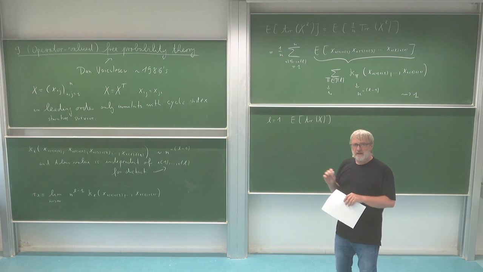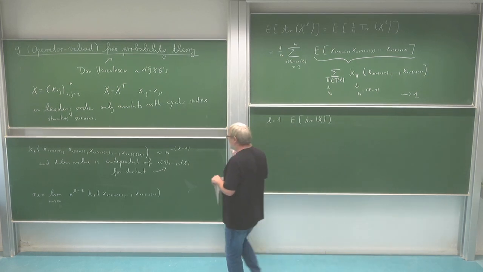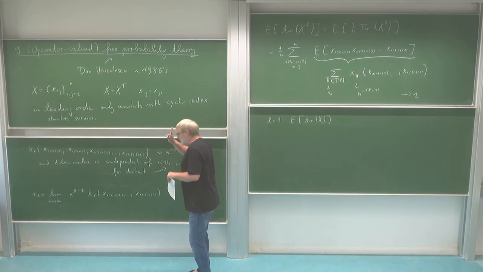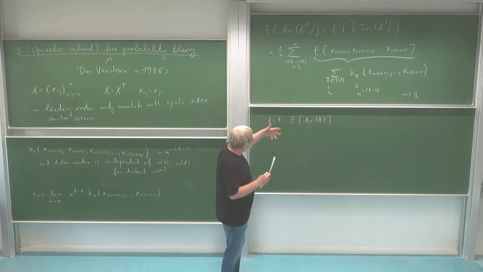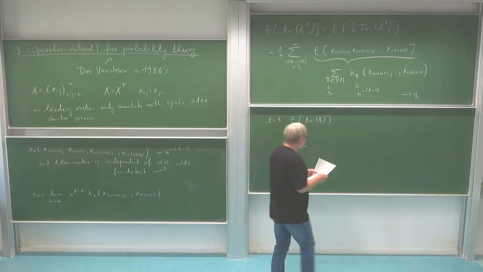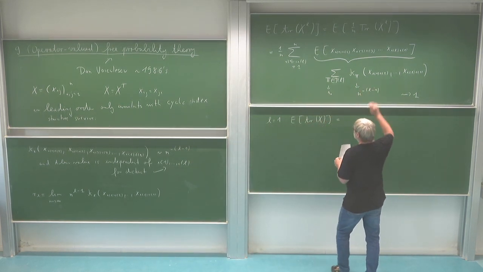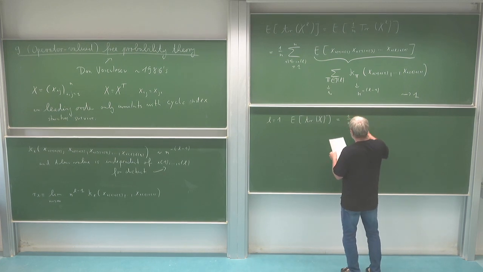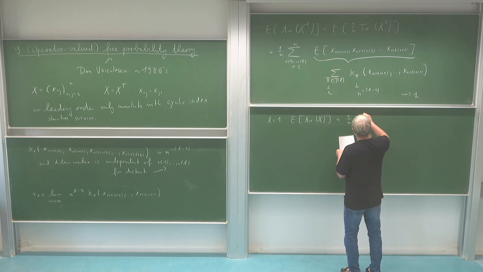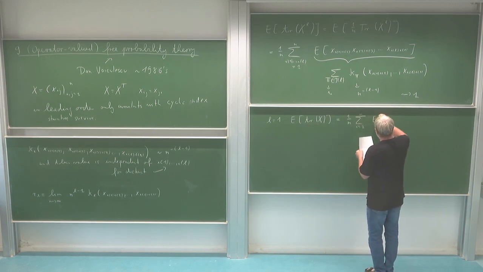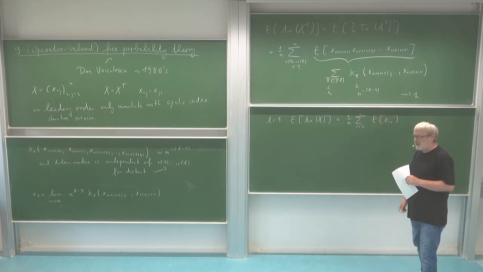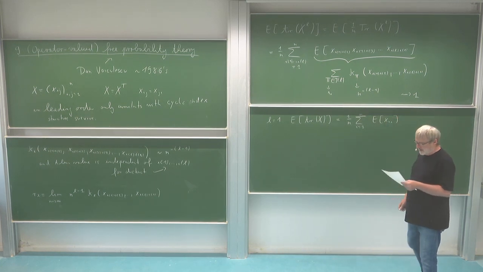So x is an n by n matrix, which if n goes to infinity behaves like this, and then I want to look at what is asymptotically its first moment. Of course in this case, this is just 1 over n, then I have just one index to sum over, so i is running from 1 up to n, and then I have the expectation, and here I just have x_ii. Taking the trace of my matrix is just summing over the diagonal.